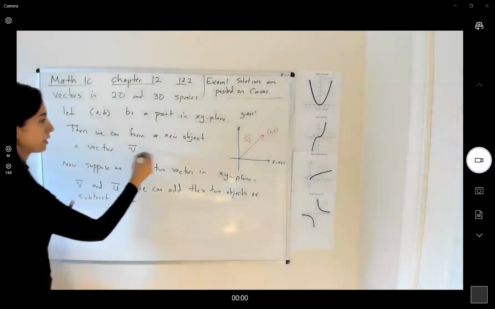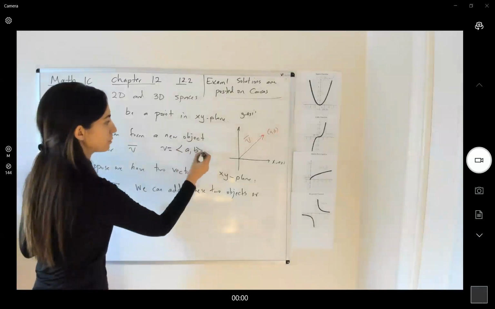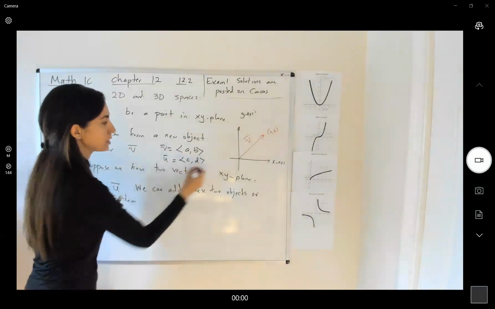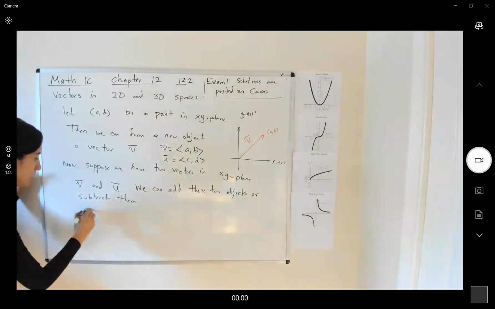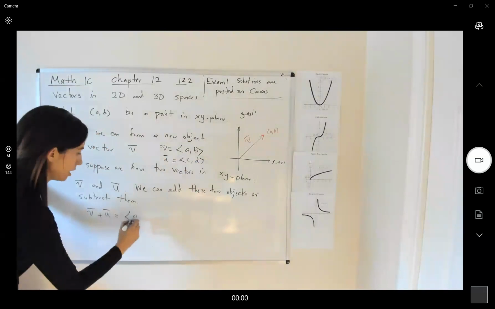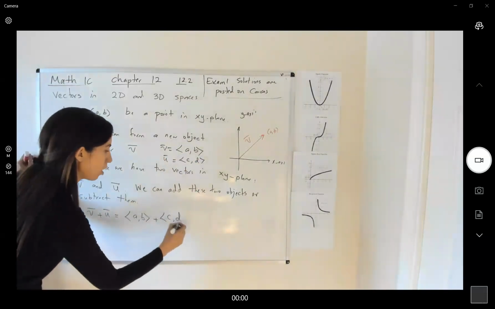So suppose your vector v is equal to (a, b), and vector u is equal to (c, d). v plus u is equal to (a, b) plus (c, d).